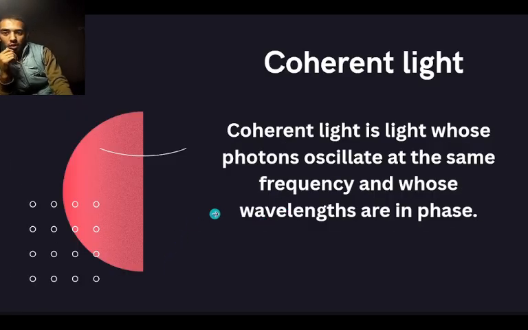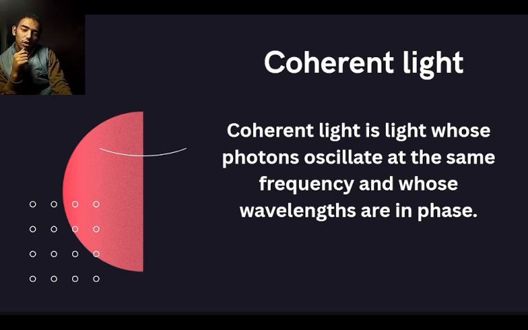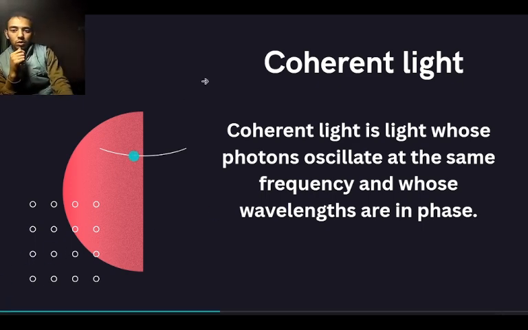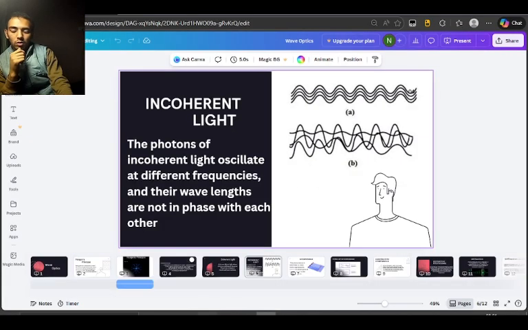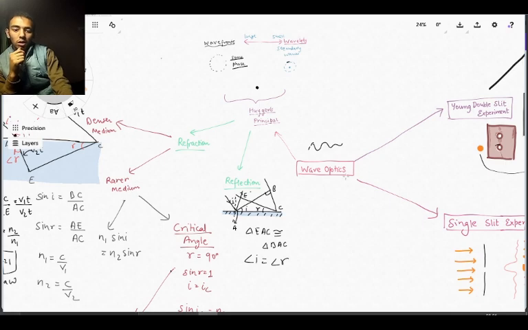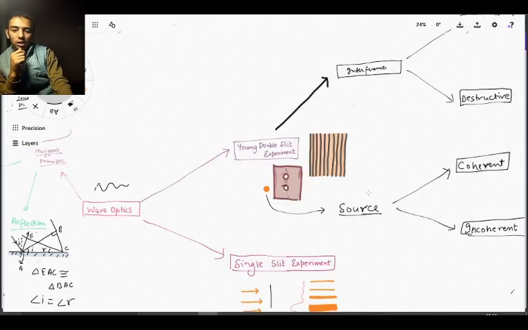And next, we have coherent light. So what is coherent light? First of all, we have to create some problem to make the context of coherent light. The context is that there is a light.